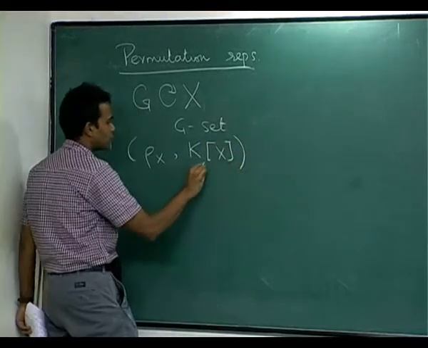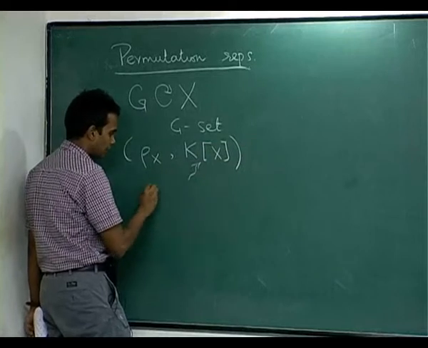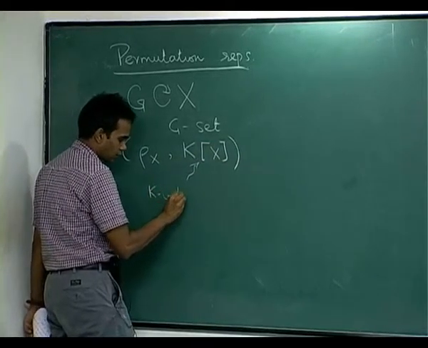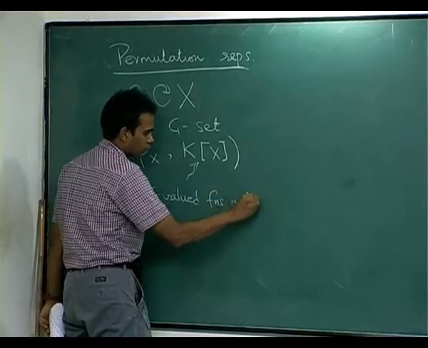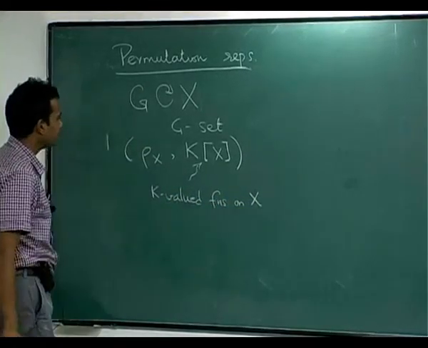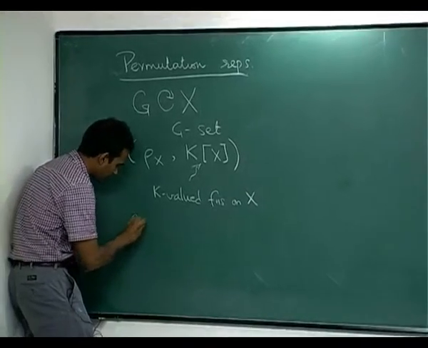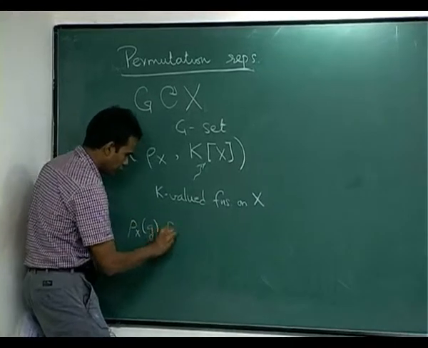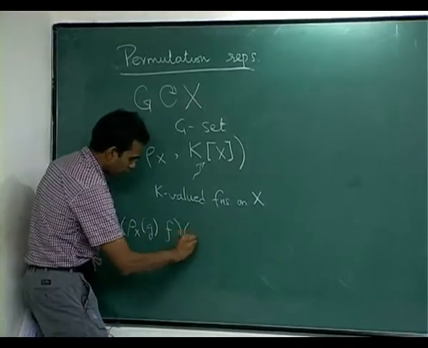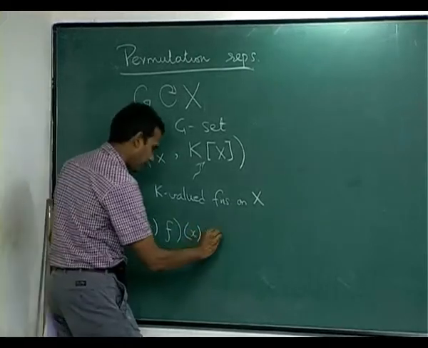This is the vector space of functions from X to K. And the representation is given by rho_X(g). Now this needs to act on a function. This function needs to have a value at a point x. What should that be?